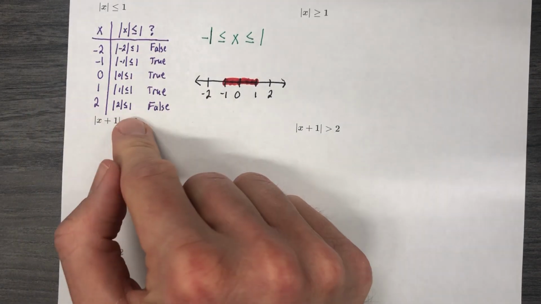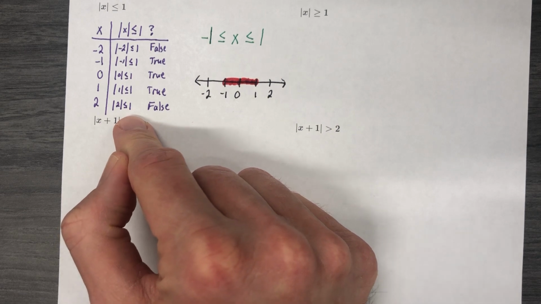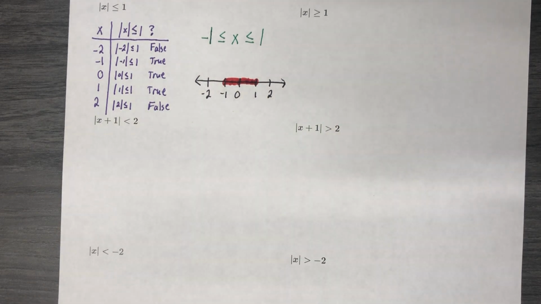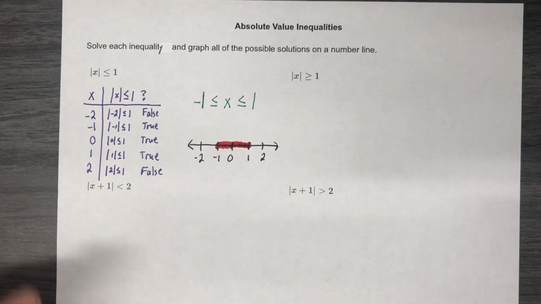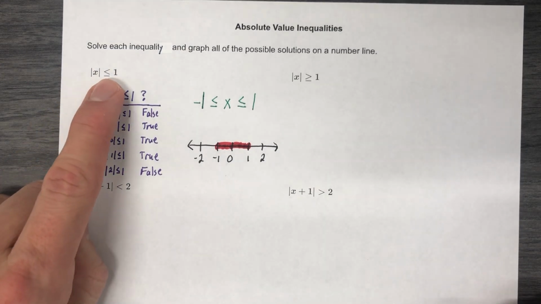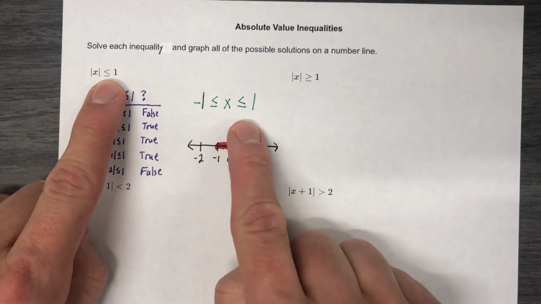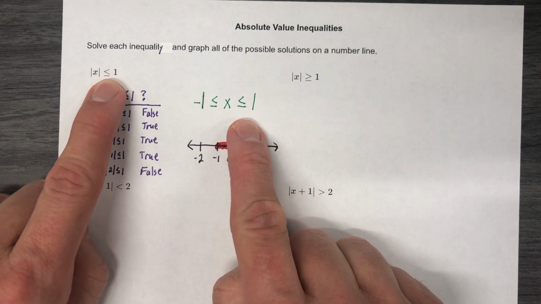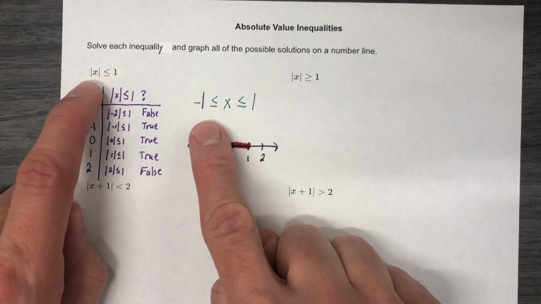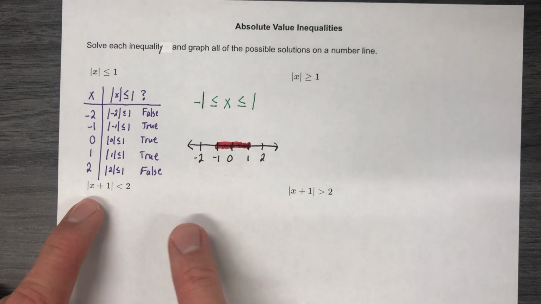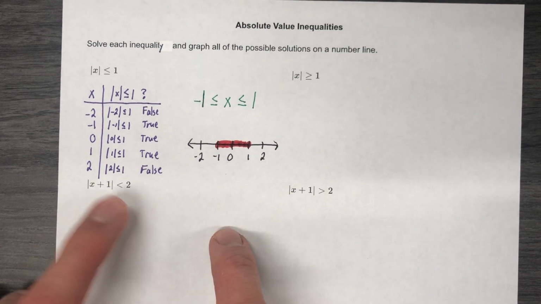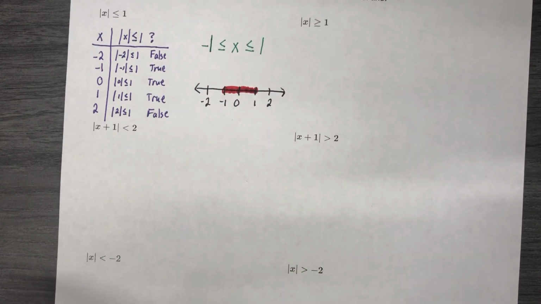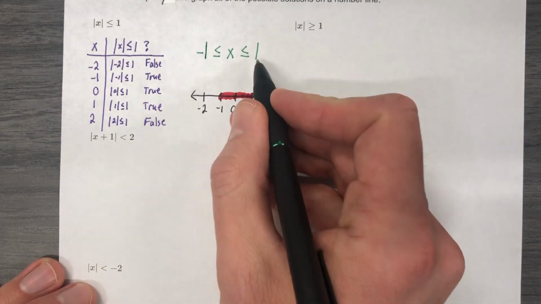If you want to make a table out of this, you totally could, but I want to point at something and sort of demonstrate what's going on here. If the absolute value of x is less than or equal to 1 and the answer ended up being this, then I can do the exact same thing right here. So, follow me closely. Notice that this 1 could have been 1 or negative 1.